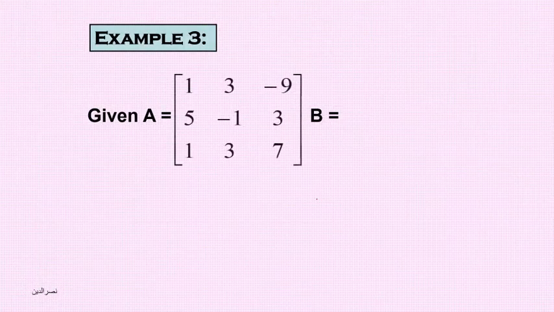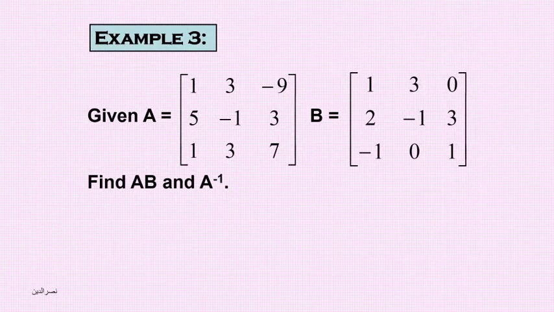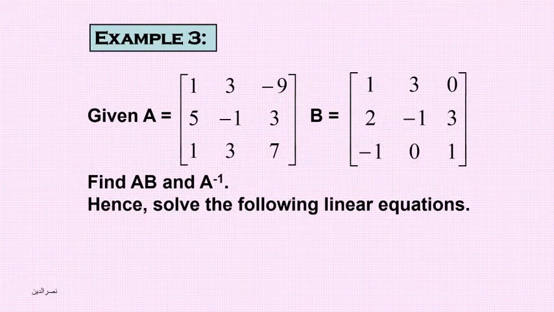Third example, we have A and B, both are matrices. You need to multiply A and B and then find A inverse. This one means you have to apply the properties. In Example 2 just now, you needed to apply the adjoint method in order to find the inverse.